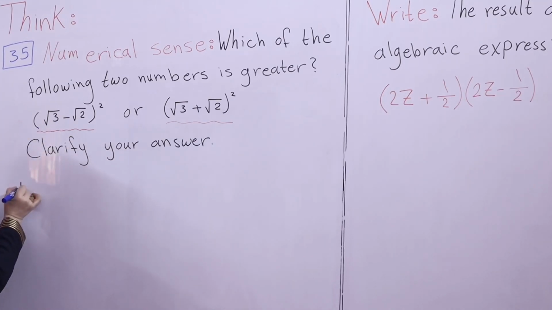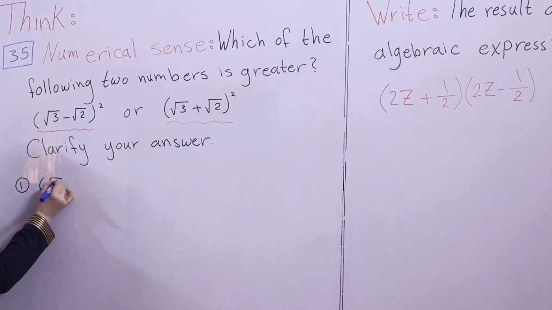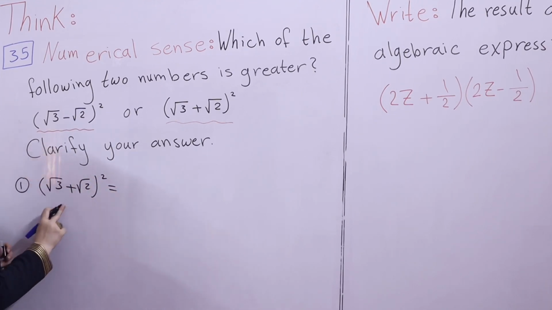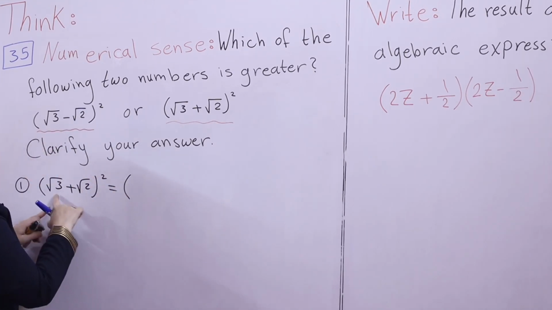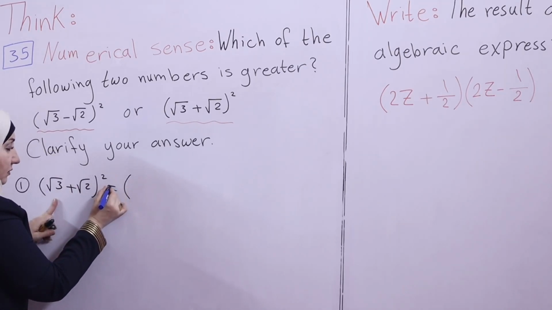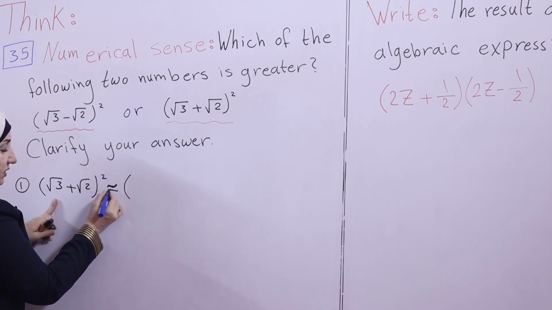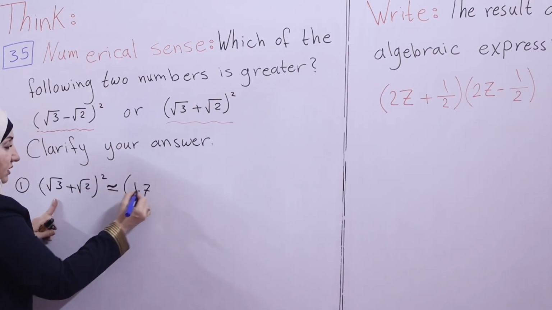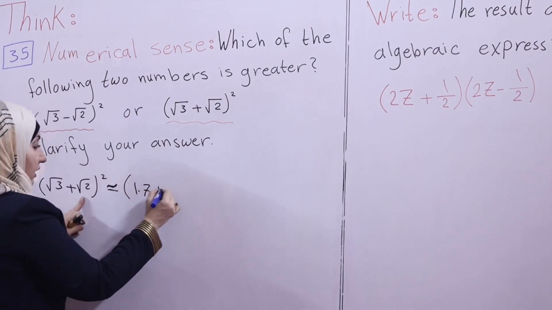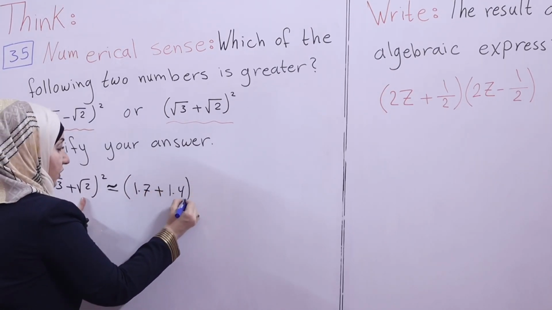So first, square root of 3 plus square root of 2 squared equals, we can take the approximate values: square root of 3 approximately equals 1.7 plus square root of 2 approximately equals 1.4, squared.